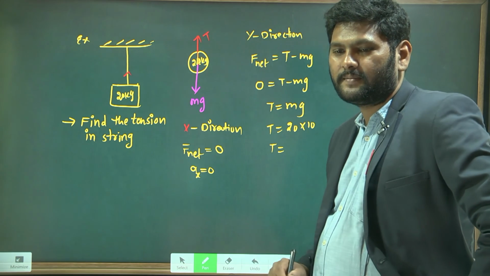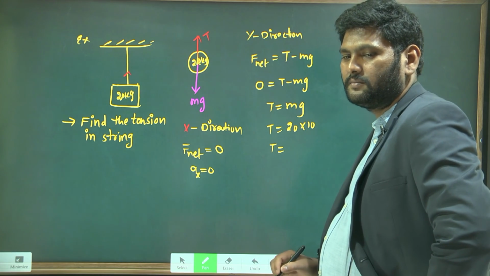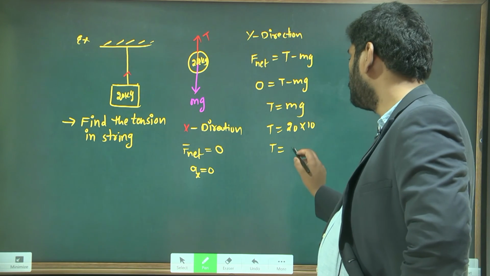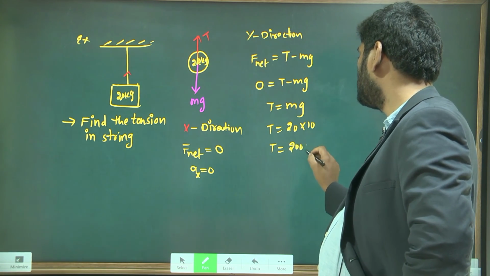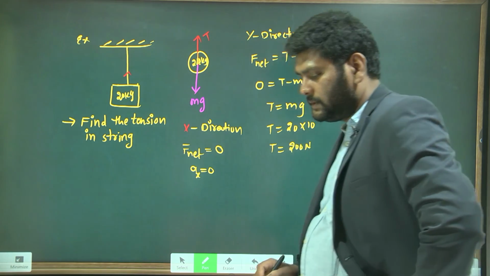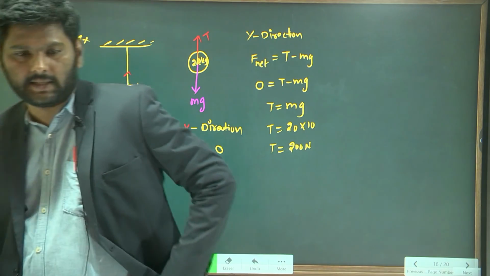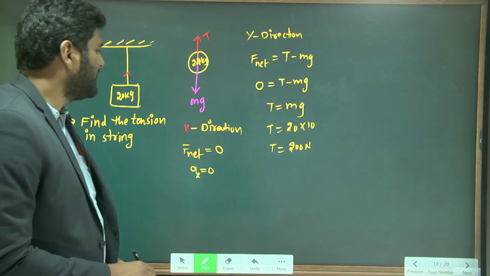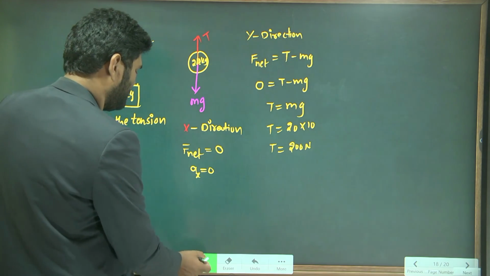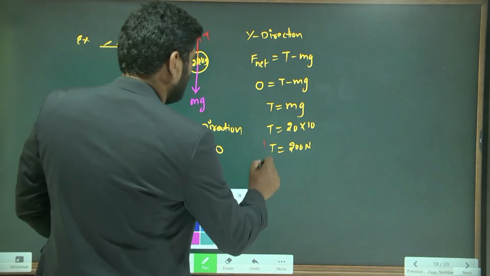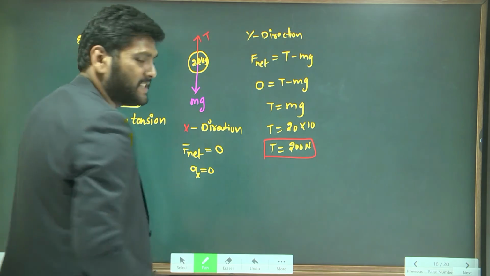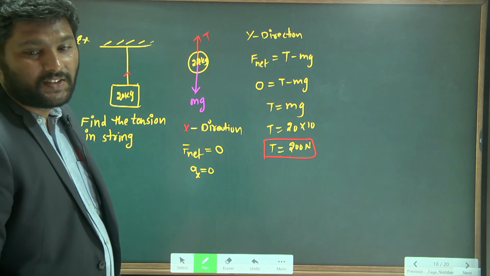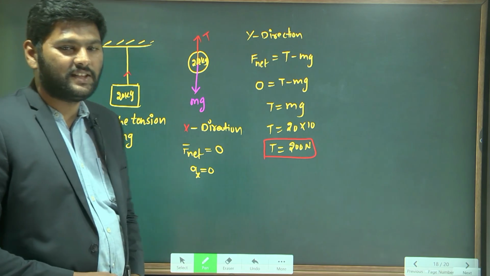Totally how much? 200. 200 what? Newtons. Yes, that is the answer. So the tension in the string is 200 newtons. Understood?